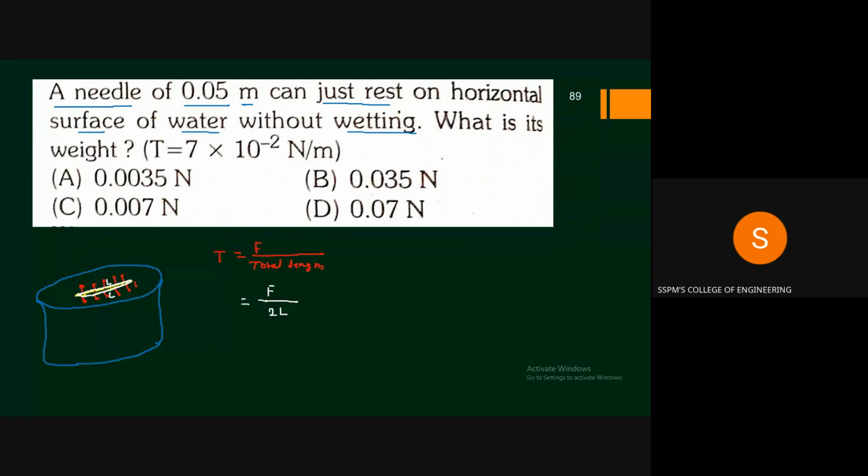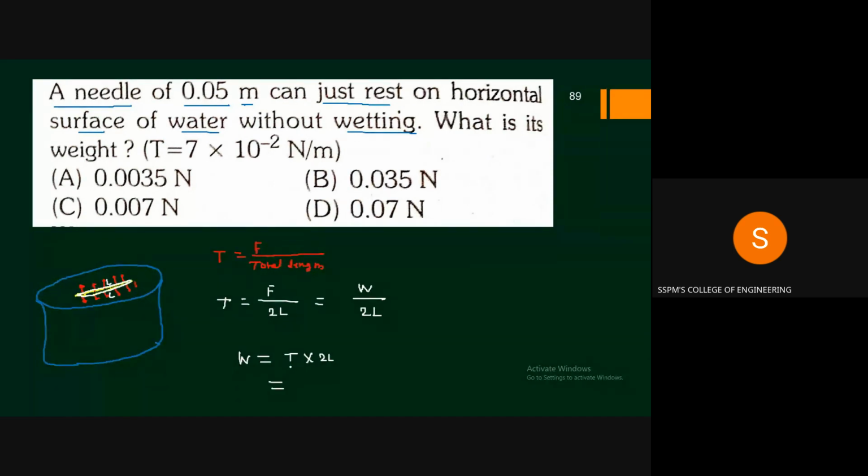The force acting on this length will support the weight, so the force is nothing but the weight. So this is W divided by 2L, and from this we can write W is equal to surface tension into 2L.